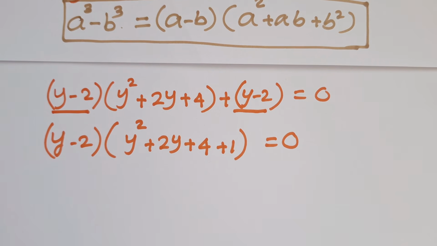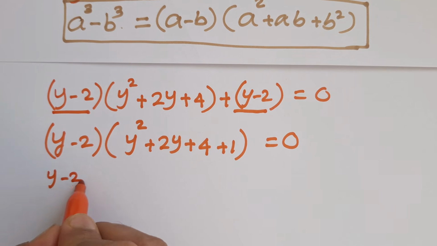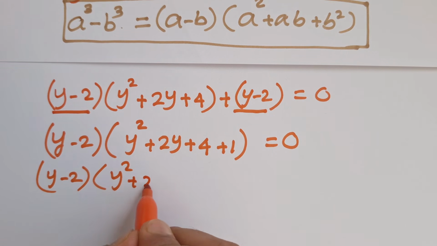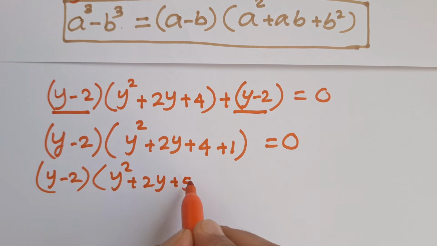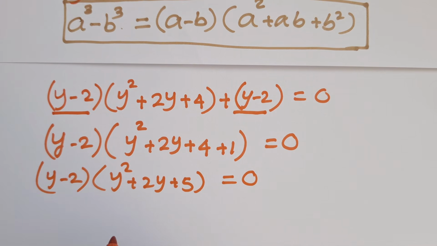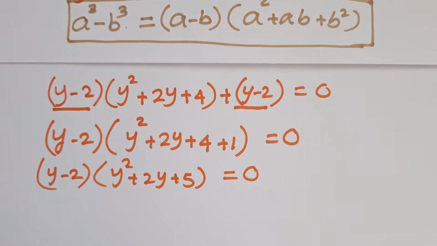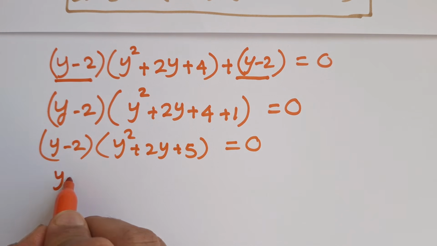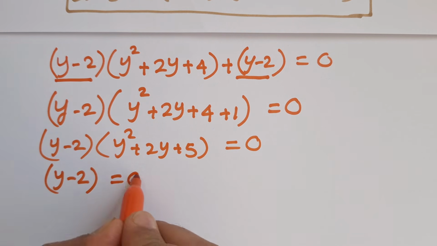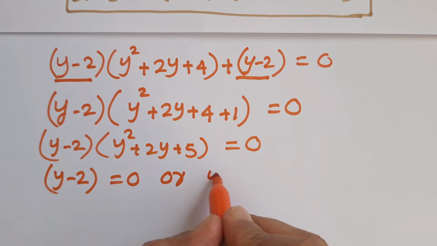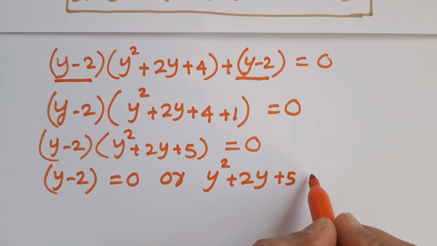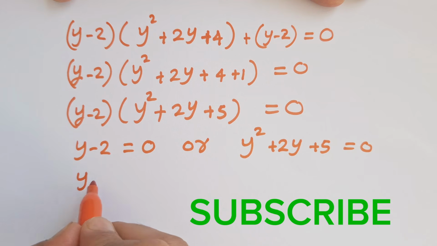Now when we are going to simplify further, we will have y minus 2 times y square plus 2 times y, 4 plus 1 is equal to 5, is equal to 0. Now we have two products which are equal to 0. So then we can clearly take either y minus 2 is equal to 0 or y square plus 2 times y plus 5 is equal to 0.